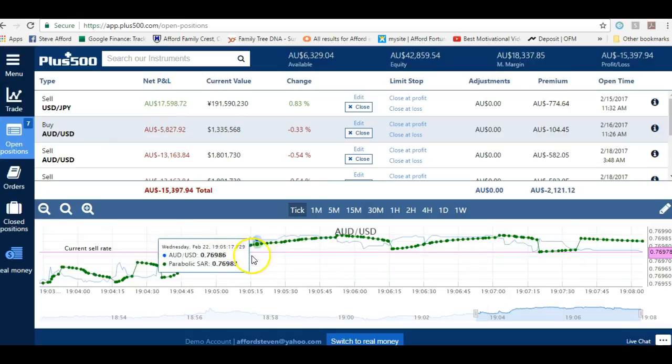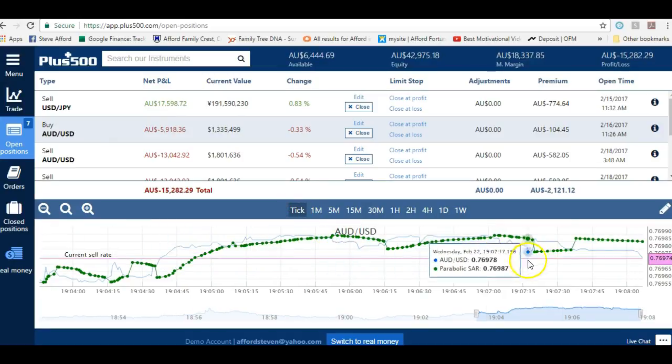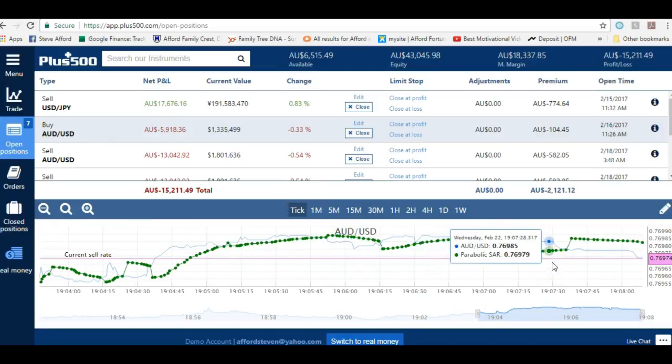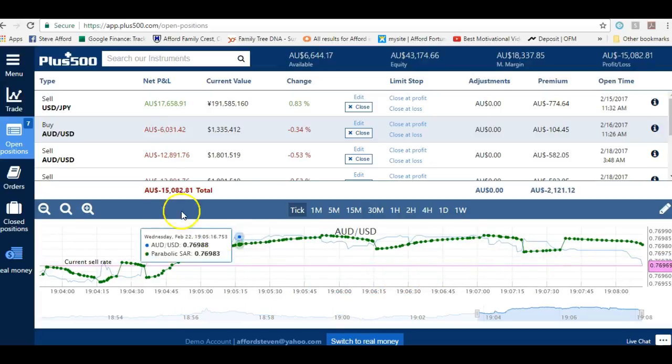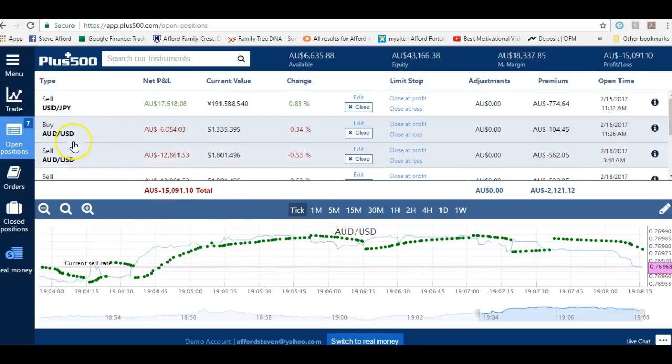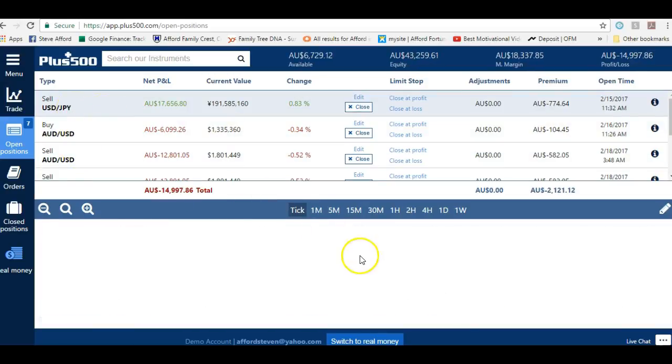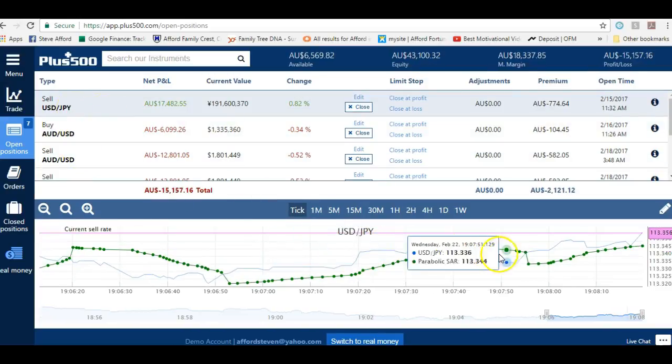This particular chart in the bottom here is using a tick chart. It doesn't really give you a pretty good sort of reference of this particular asset. This particular asset I'm going to follow is, sorry, got you the wrong one, USD/JPY.